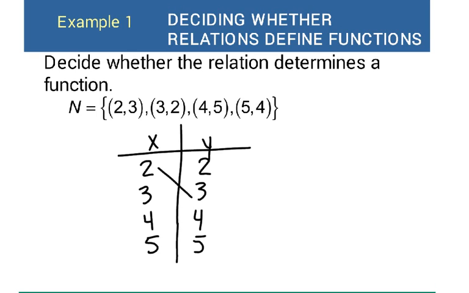So we have 2 going to 3, 3 going to 2, 4 going to 5, 5 going to 4. Okay, again, because each distinct x value has exactly one y value, this is a function.